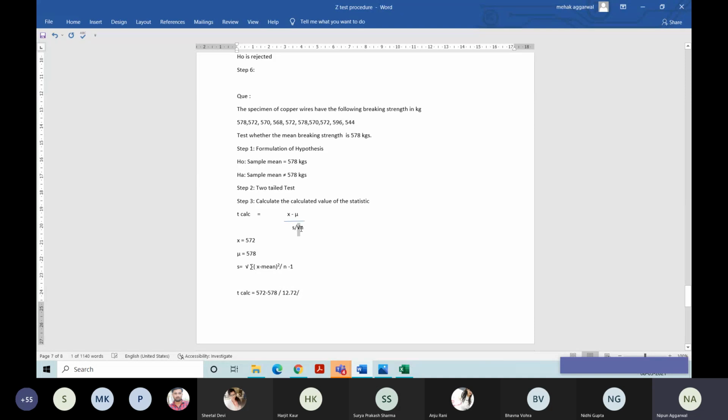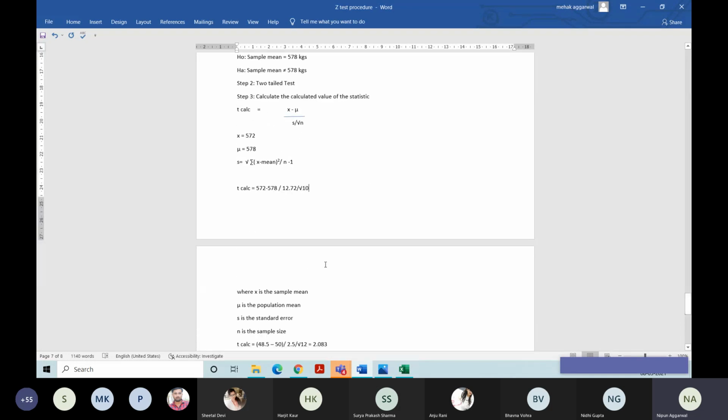Here it is divided by n only, but only when you calculate s do you divide with n minus 1. In this formula there is only n. So here it is divided by 10 only.